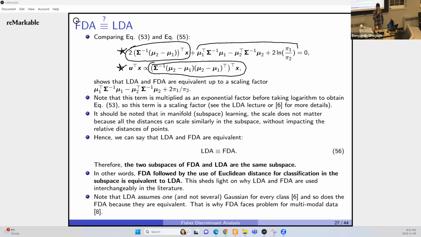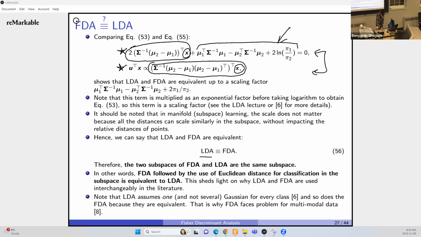It is very similar: sigma inverse (mu2 minus mu1). Here I have sigma inverse (mu2 minus mu1), but also (mu2 minus mu1) transpose, so it's kind of quadratic of this. But again, this is a linear projection of X. Up to a scale, which is not important here, these two are equivalent to each other.